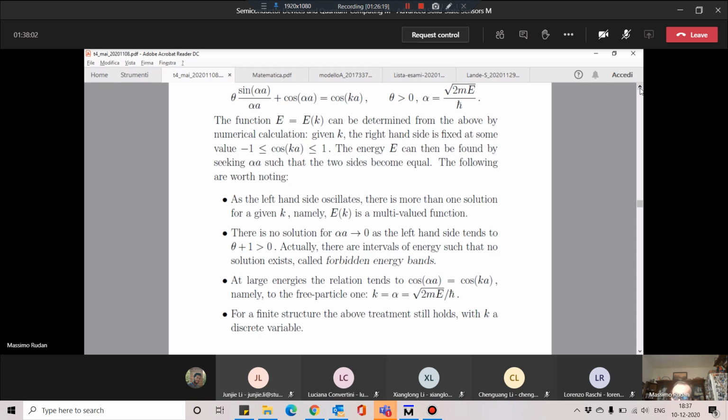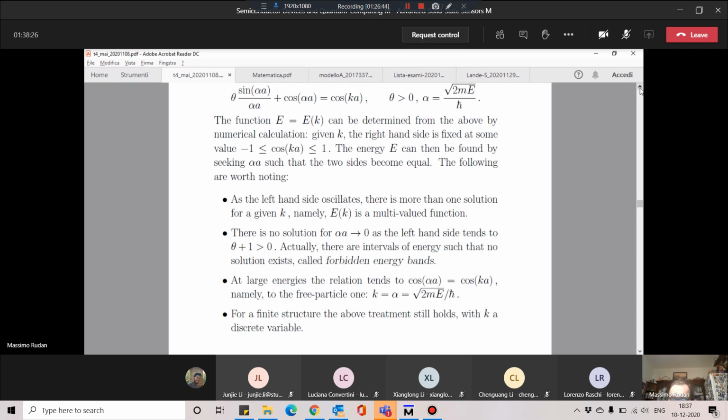We cannot use the Bloch functions anymore, because the Bloch functions apply only if the structure is periodic. But anyhow, we can solve the Schrödinger equation with a little more difficulty, not that much.